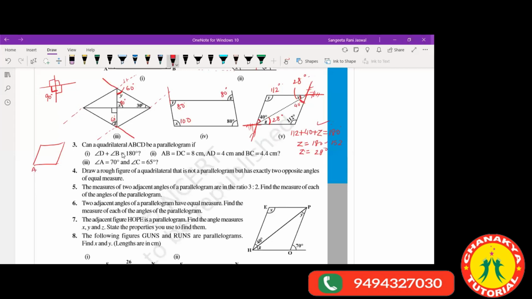A, B, C, and D. Please name the parallelogram.